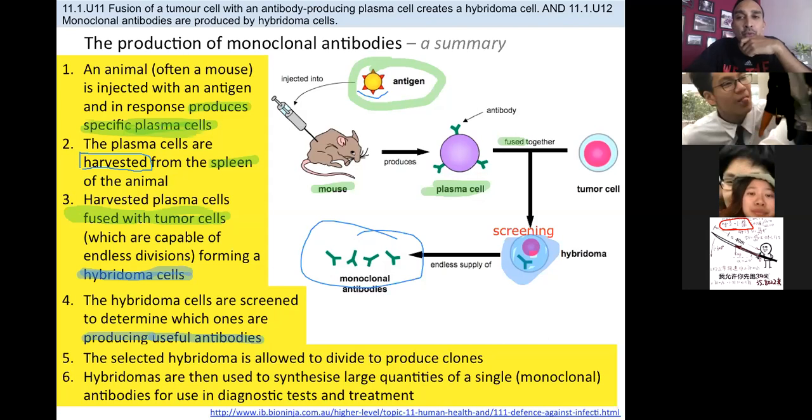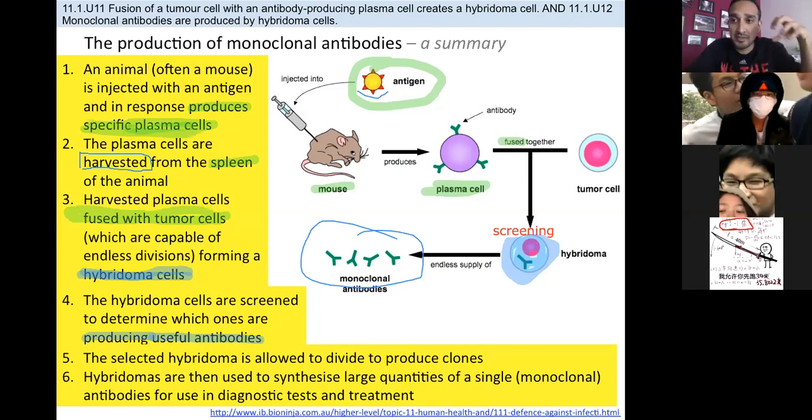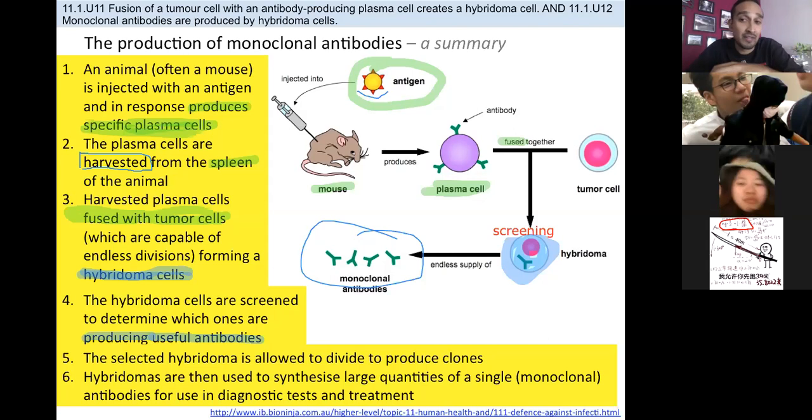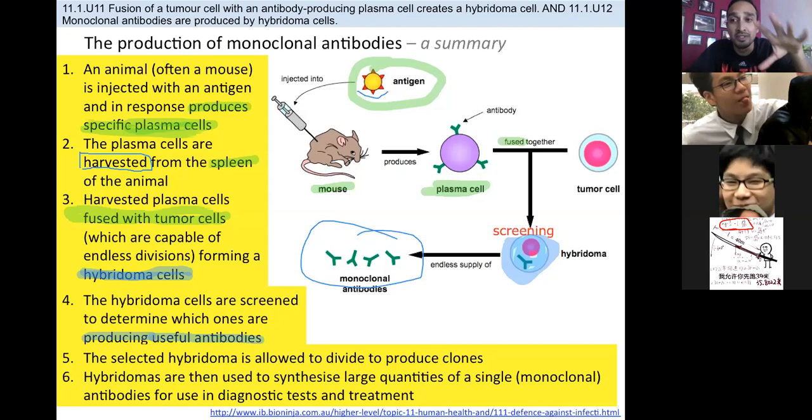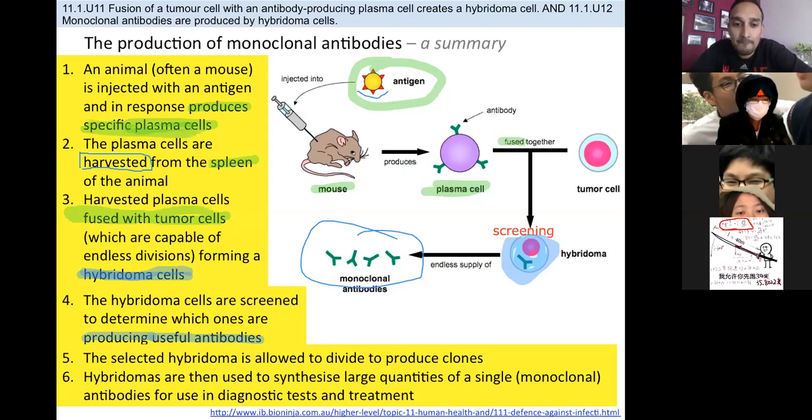But when you remove the cells from the mouse spleen, you're going to get all kinds of different lymphocytes, right? So at that time, you're going to have a whole selection of lymphocytes because the spleen has tons of white blood cells. So it will have the one you're looking for, but also many other types. So then you have to get rid of the ones that you don't need and focus on only the one that has the antibody for the antigen that you're looking for.